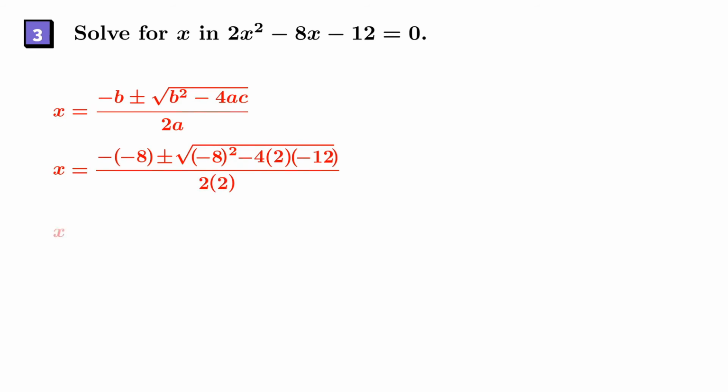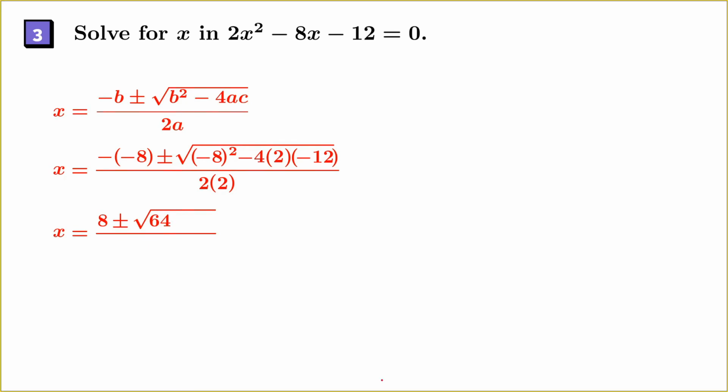Simplify natin, so x equals negative of negative 8 is positive 8, copy plus minus, and then square root. Yung negative 8 squared is 64, and then negative 4 times 2 is negative 8.